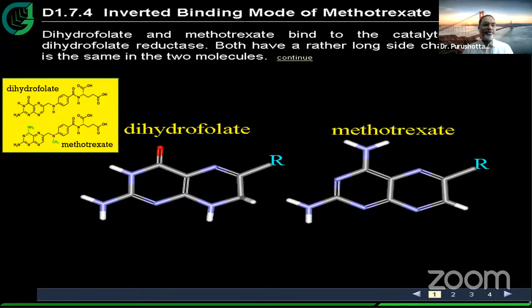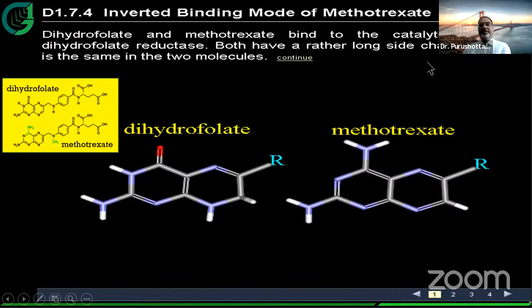If you look into the dihydrofolate and methotrexate, the complete structures are drawn with the yellow background, and you could see slight modifications shown in green: the keto group is here as an amine group, and here the NH and NAC. Both bind to the catalytic site of the dihydrofolate reductase.